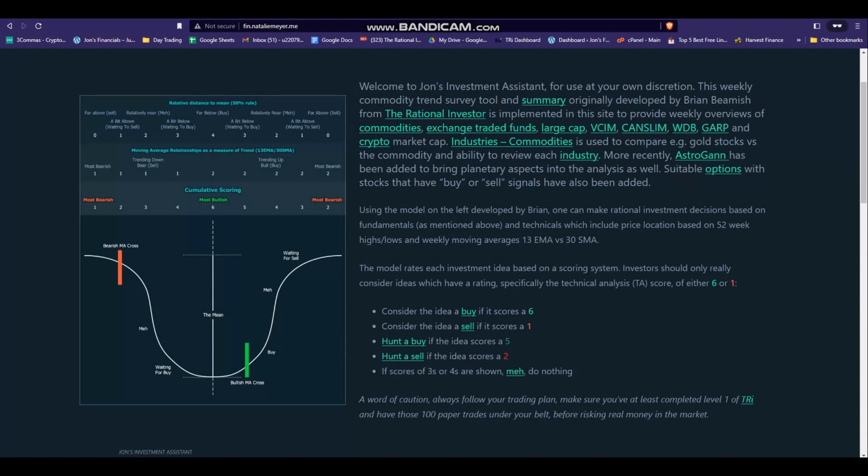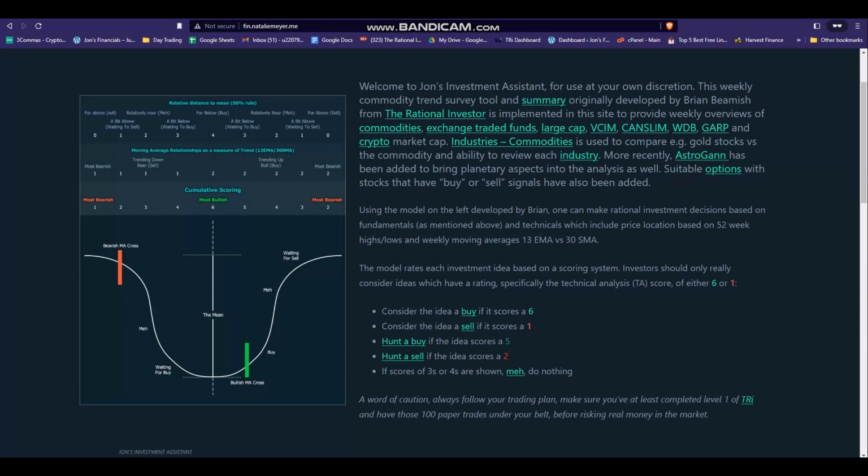When you have a cross in a bullish scenario, you get a rating of 2, and if you have a cross on a bearish MA, you get a rating of 1. Adding these two metrics together gives a cumulative score ranging between 1 and 6, where 1 is most bearish: at the top of the range, with the MAs crossed bearish. A 6 is the bottom of the range, crossed bullish.